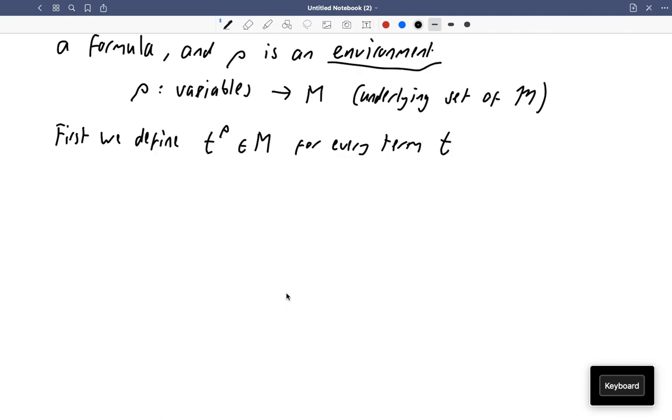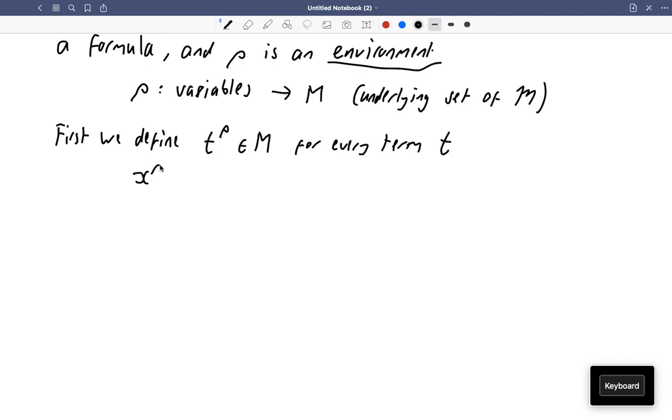Well, the terms were built in a very simple way. They were either variables, or they were built from function symbols applied to terms we'd already constructed. So we just need to say what the interpretation of a variable is.